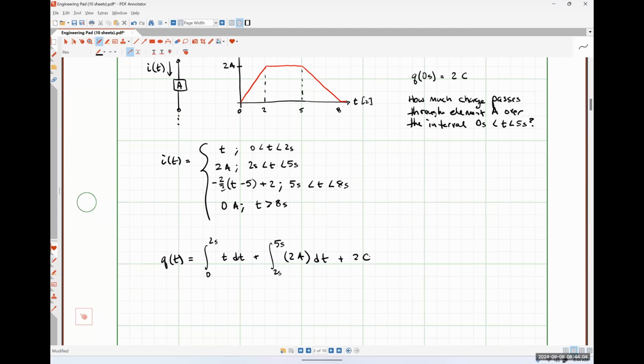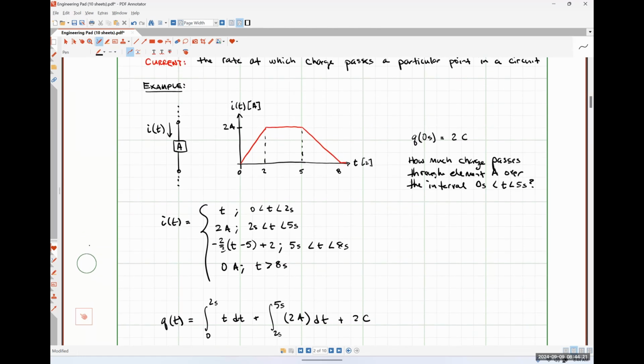So we're just going to add 2 coulombs. There's nothing wrong with that. In fact, it's mathematically perfectly correct. But I feel like there's an easier way, and hopefully most of you guys do too.